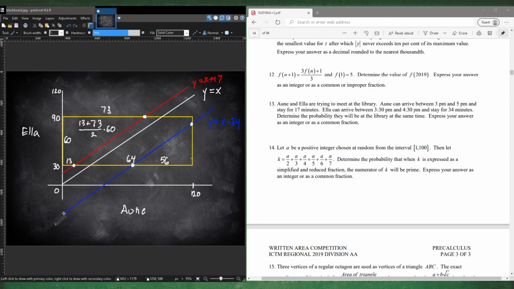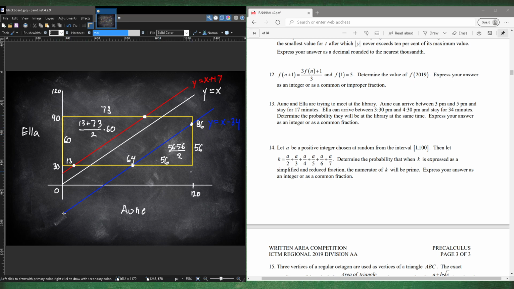Now, what's this height? Well, we know that when we plug in 120, as I did before, this height equals 86. So to get from 30 to 86, from here to here, that is a distance of also 56, which makes sense because this line has a slope of 1. So if this is going by 56, this is also going by 56. And now the area of this triangle is just 56 times 56 divided by 2.